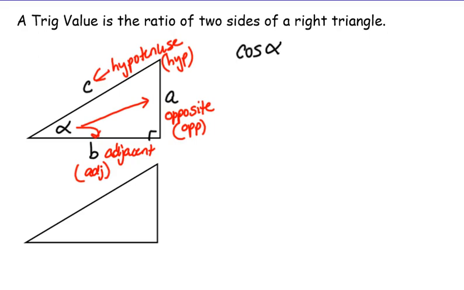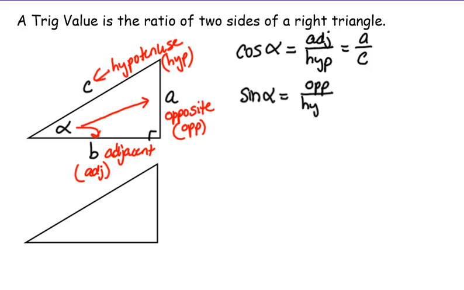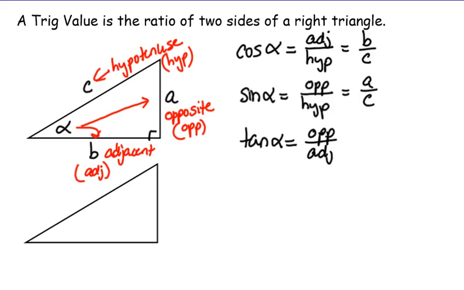Cosine of alpha is defined as the adjacent side over the hypotenuse, or A over C. Sine of alpha is defined as the opposite side over the hypotenuse, or, I just said that wrong, cosine is not A over C, it is B over C. Sine is A over C. Tangent of alpha is defined as the opposite over the adjacent side, or A over B.